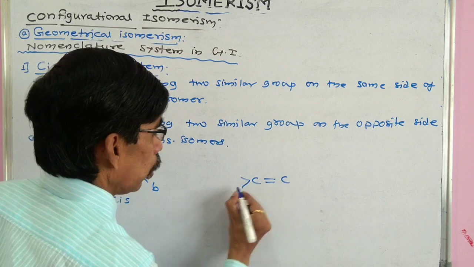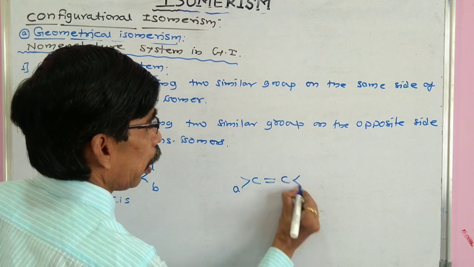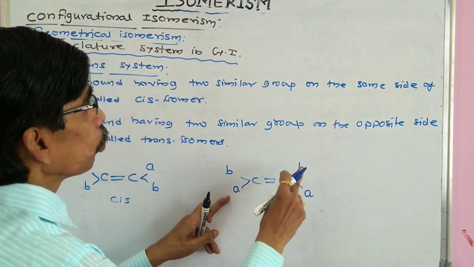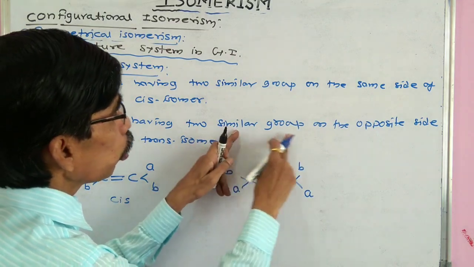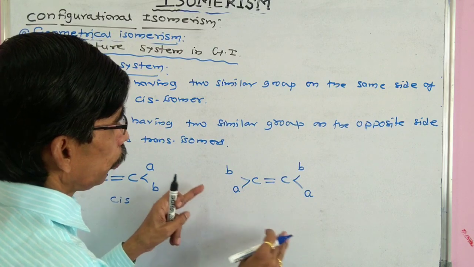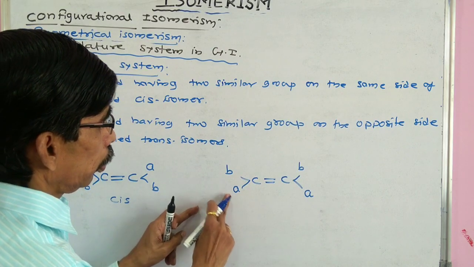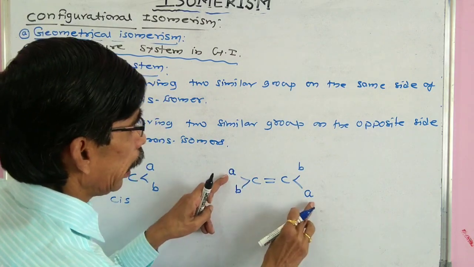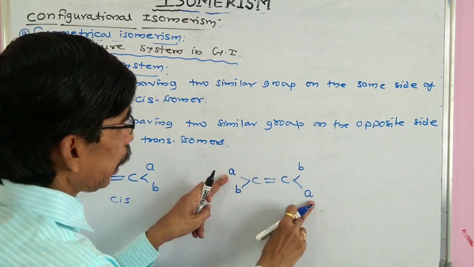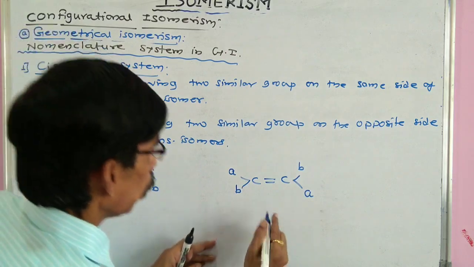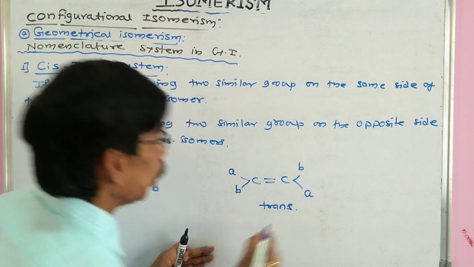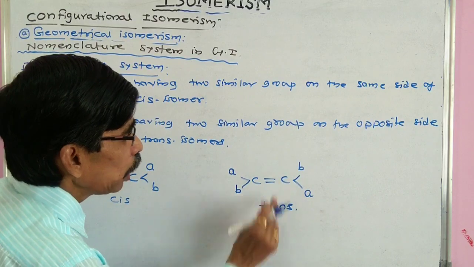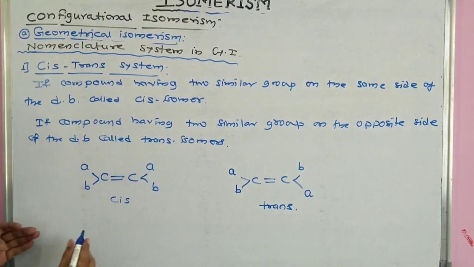And if this is A and this is B, and this is B and this is A, the two similar groups, A and A, are on opposite sides of the double bond, therefore it is called trans.